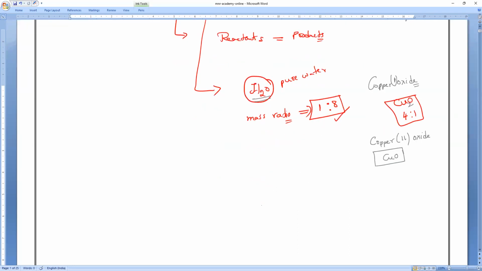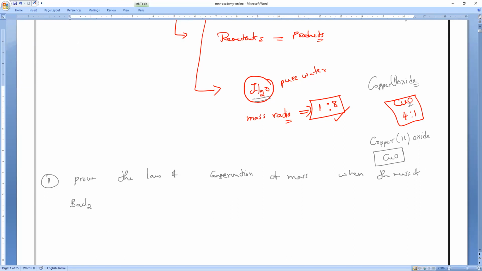So first question, write it. Question number 1. Prove the law of conservation of mass when the mass of BaCl2 is 20.8 grams.